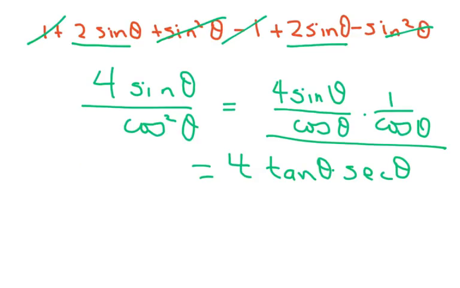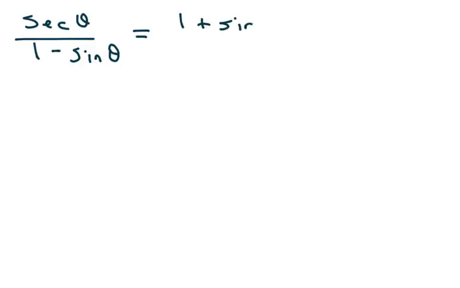Okay, I'm going to do one more. Sorry this video is going a little long, and I'll go a little faster on this one. So the last one is secant theta over 1 minus sine of theta equals 1 plus sine of theta over cosine cube of theta.